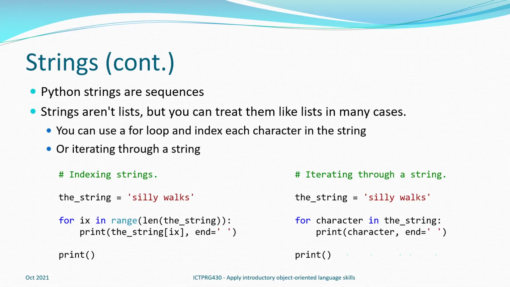Think of strings as a sequence of characters. So in that way, we can use a lot of the same functionality that we find in lists, but apply that directly to a string. So for example, we can do loops and indexing loops and iterating loops. So what does that mean?